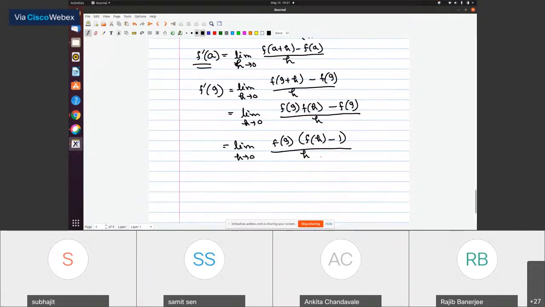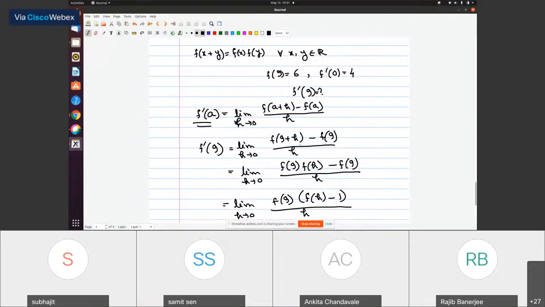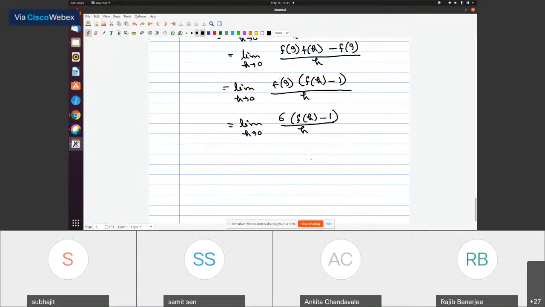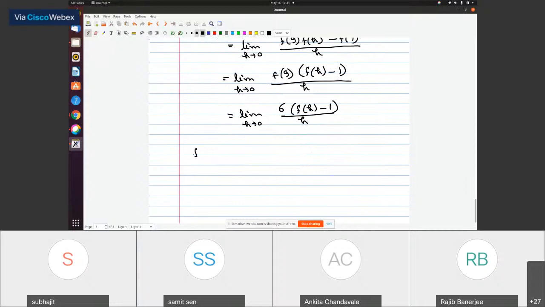So what is my f9? F9 is basically a constant, given as 6. So this is 6 into (fh minus 1) by h. Now what is f dash 0? Let us calculate that. F dash 0 is nothing but limit h tending to 0, f of 0 plus h minus f0, by h, right?